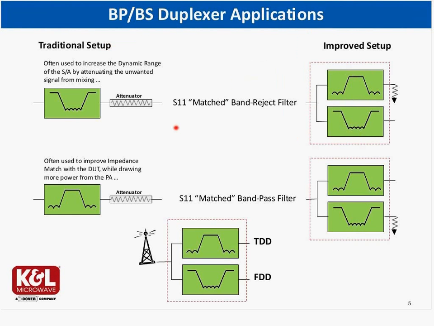Talking about bandpass bandstops, if we look at a bandpass bandstop and terminate the bandpass, then the S11 is matched as a band reject filter. The same effect we can achieve if we put an attenuator in front of a band reject.